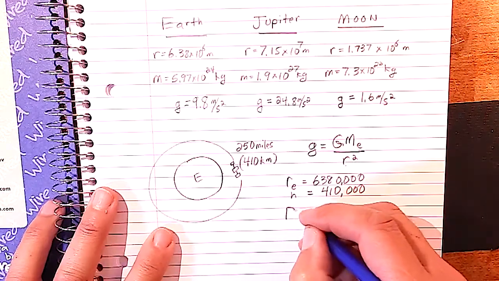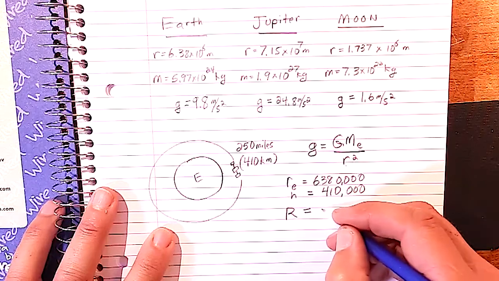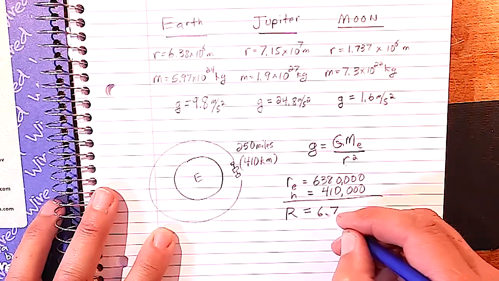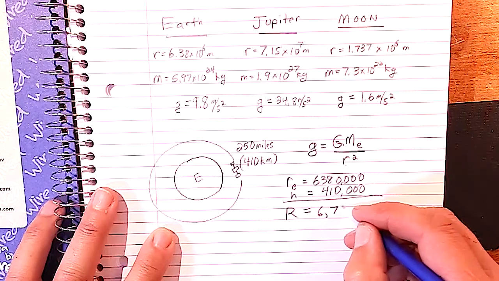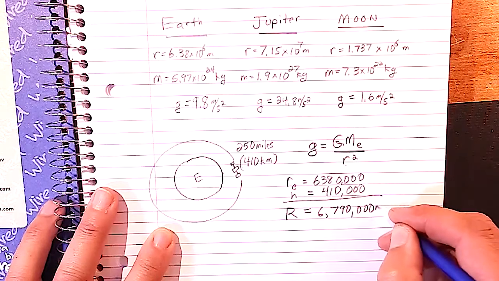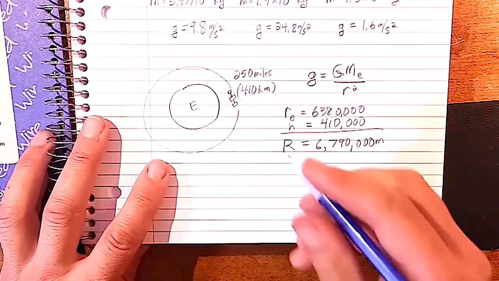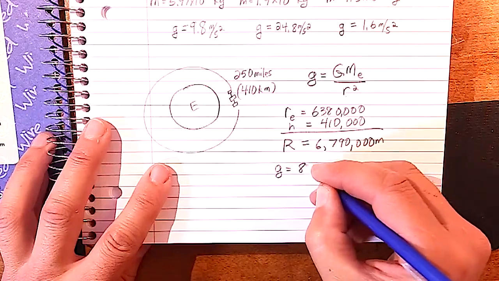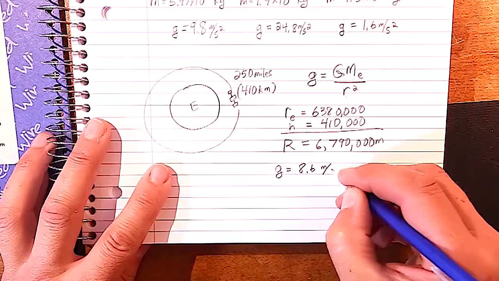So the r value that we need to put in the formula is 6,790,000 meters. And when you put that number in, you get a g value of 8.6 meters per second squared.